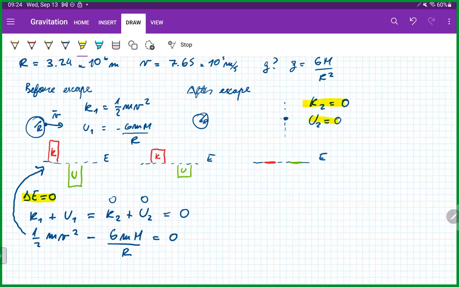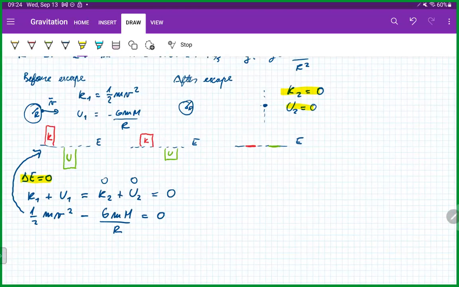Okay. Cool. And so now it's pretty straightforward. From this we can say that big M is R V squared divided by 2G, right?